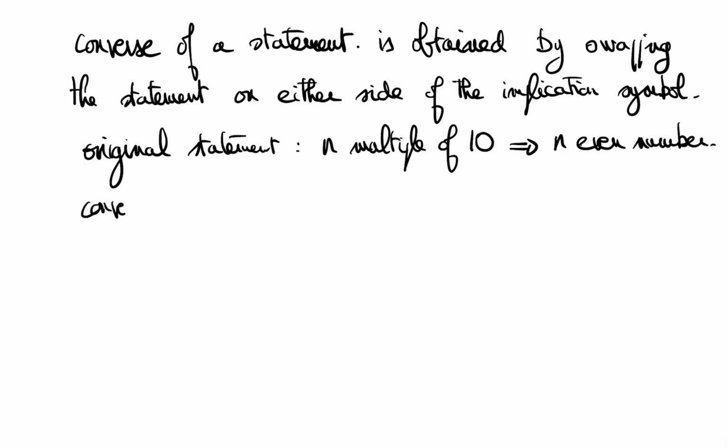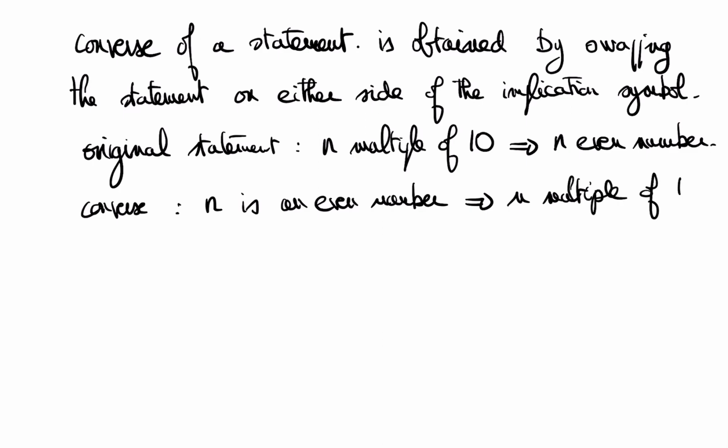The converse of this statement is n even number implies n multiple of 10. Now you will see that in that case this is wrong. This is true, but this one is wrong. Moving on.